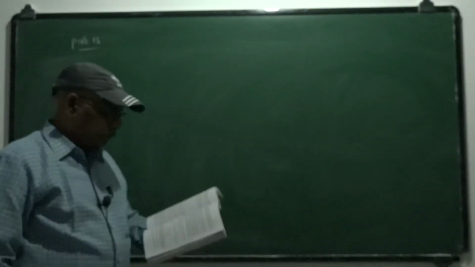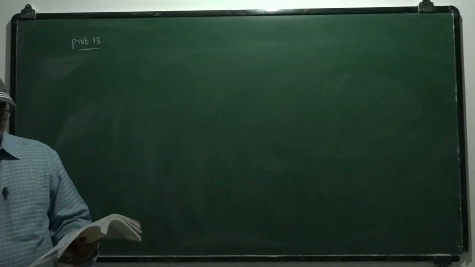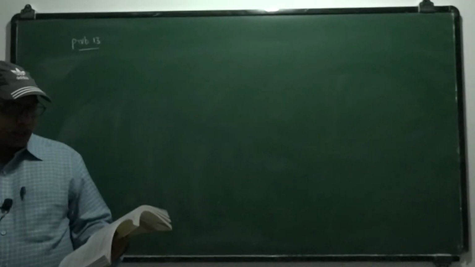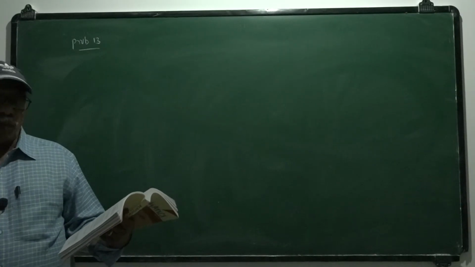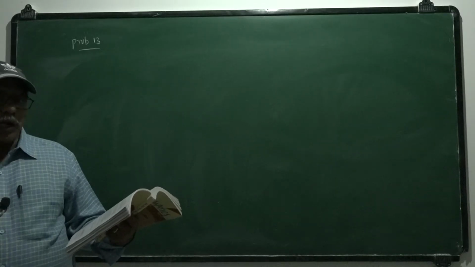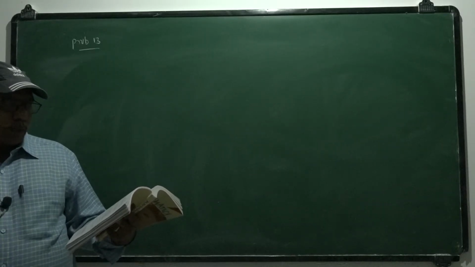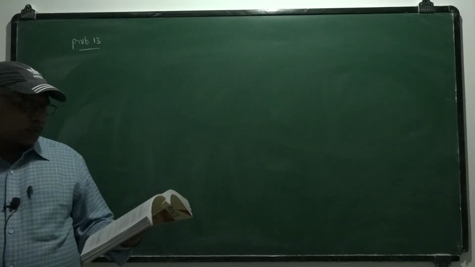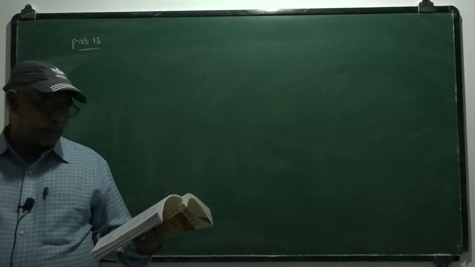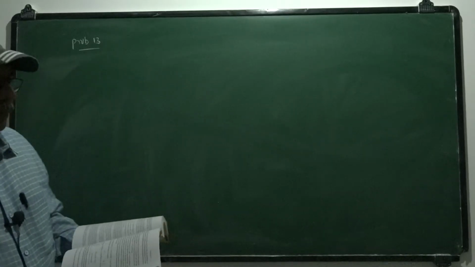Problem 13. It is a multiple choice question. Probability that A speaks truth is 4 by 5. A coin is tossed. A reports that it is a head. The probability that actually there was head. A speaks truth in 4 by 5 cases.